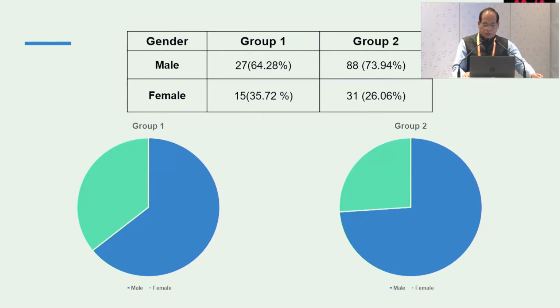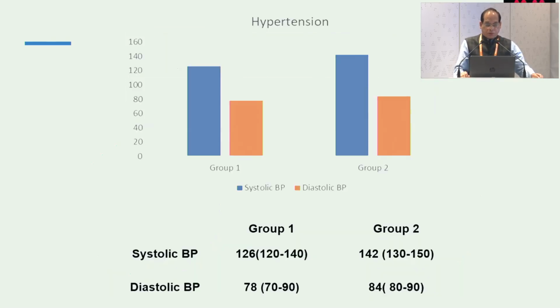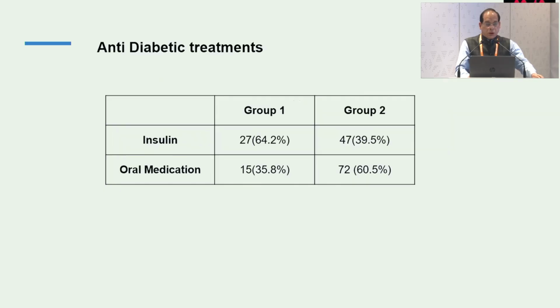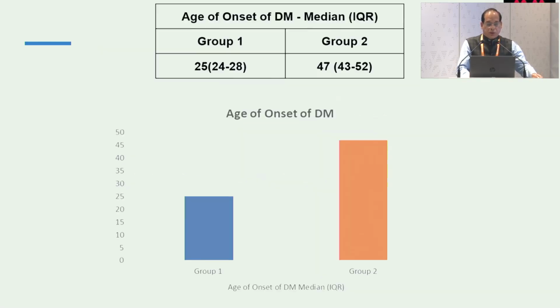Both groups were predominantly male. Hypertension was more common in percentage in both groups, with systolic blood pressure higher in group 2. Both had poor glycemic control, and most patients in group 1 were on insulin, while in group 2, 60% were on oral medications.